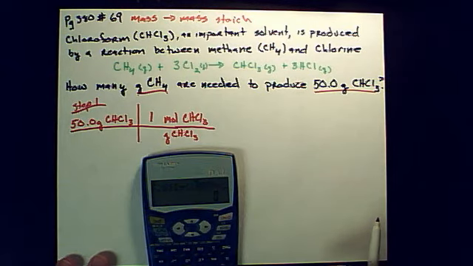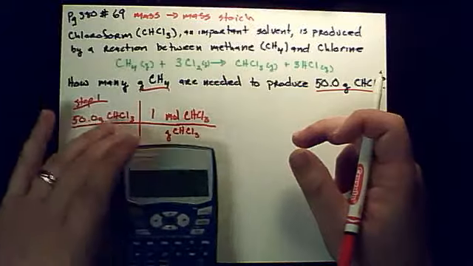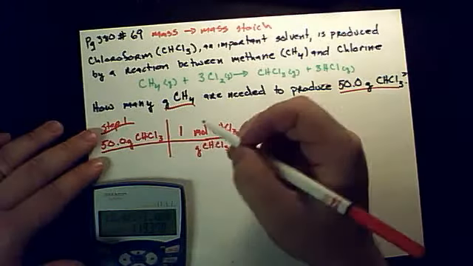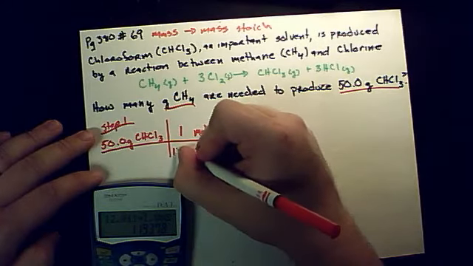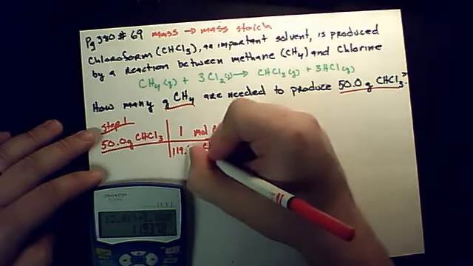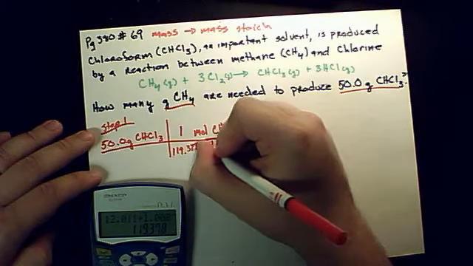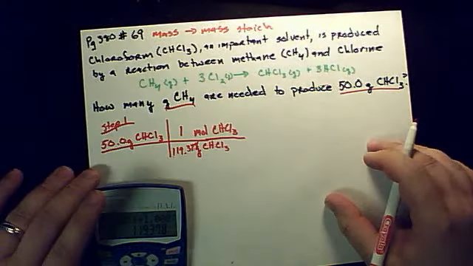Chlorine's mass is 35.453, so 35.453 times 3. So the mass of the chloroform is 119.378.